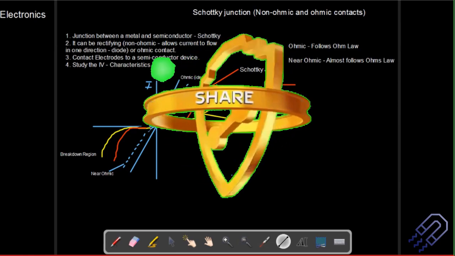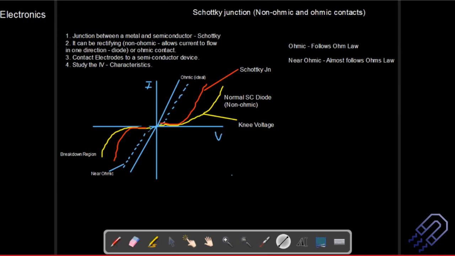What we usually have here is this junction. And then we can do the biasing, which I think we already know, so it's positive, negative.